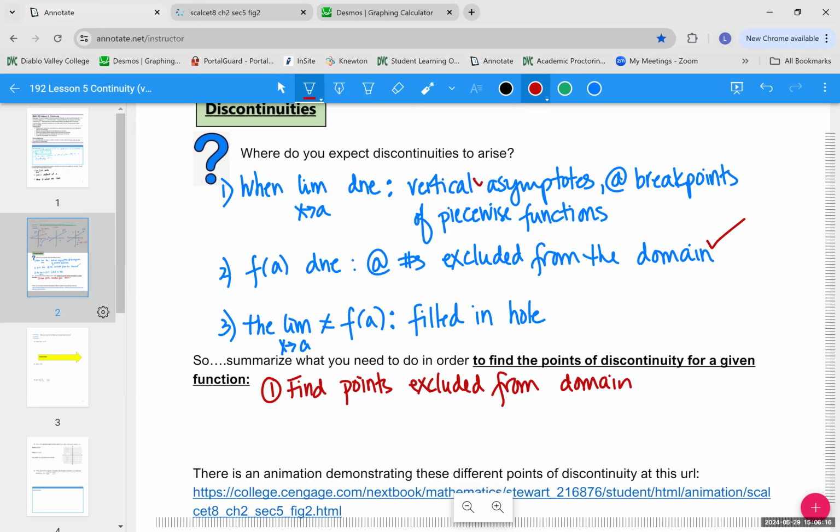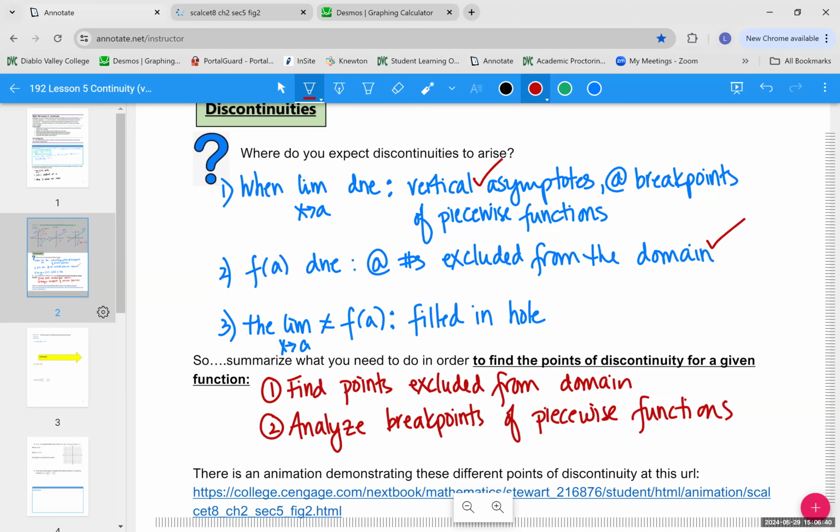And of course here, vertical asymptotes are not going to be in your domain. And then the second thing you might need to do is analyze breakpoints of piecewise functions. If you're dealing with a piecewise function, you need to figure out if the limit exists. You need to figure out where the function is defined and if those two things are equal.